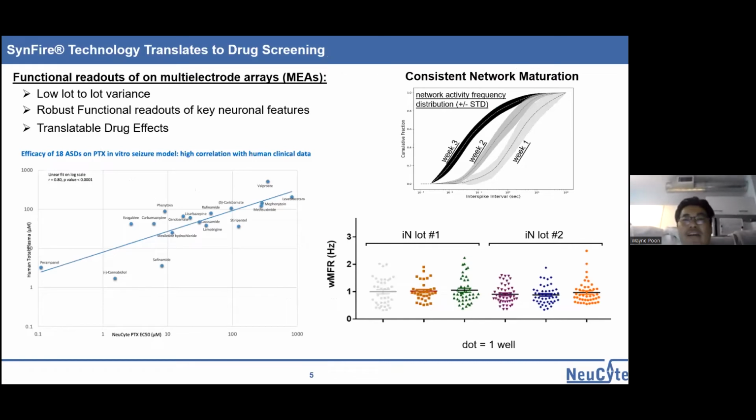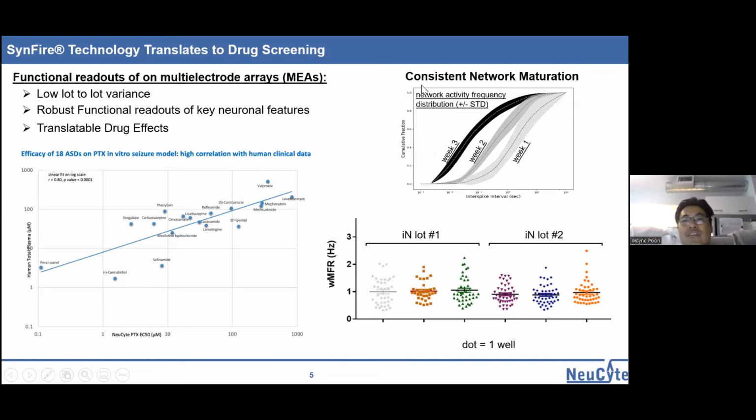So the SynFire technology, which is where we're able to generate induced excitatory and inhibitory neurons for drug discovery, is powerful because when we make these neurons, we can make them with essentially low lot-to-lot variance.